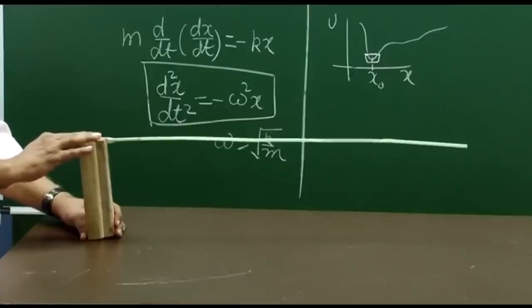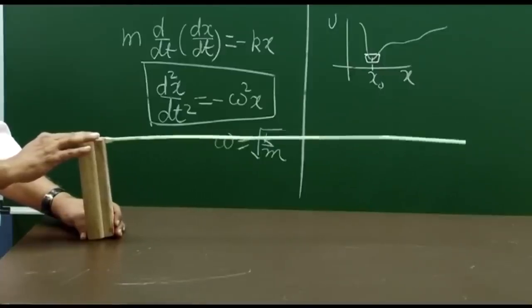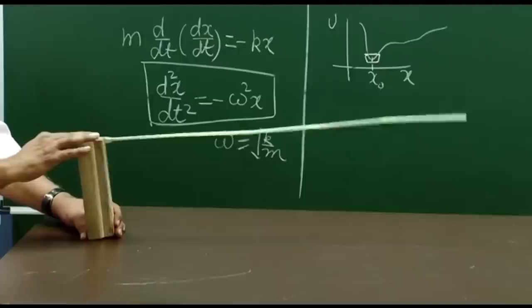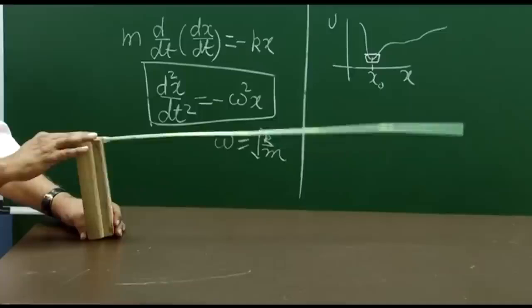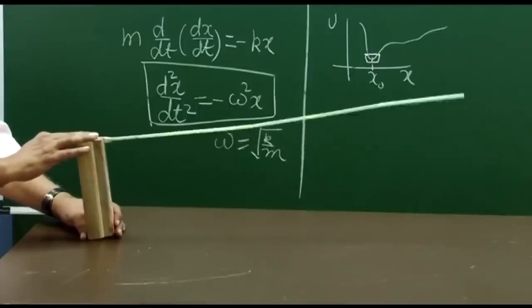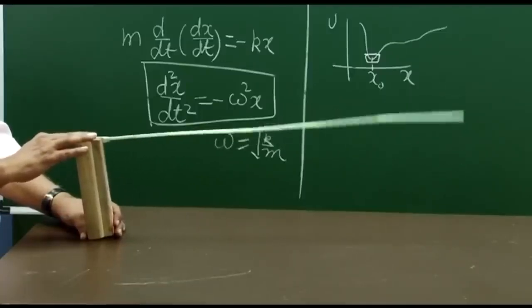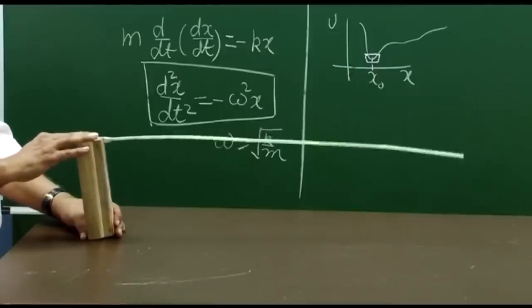If I do it at a very low frequency, once again the amplitudes are small, but at that particular intermediate frequency, this is that frequency, you see that a small displacement of the finger at the right frequency creates a much larger amplitude of the tip of this straw.